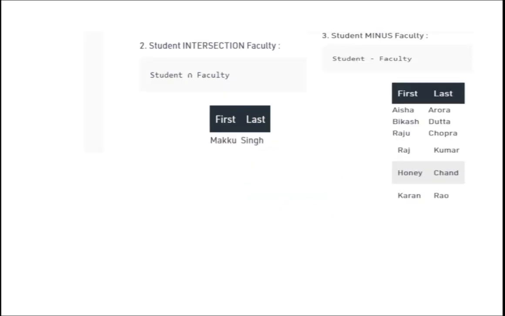Student minus faculty means all the values of the student but not in faculty.